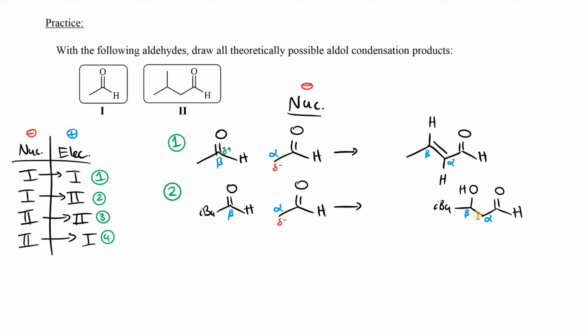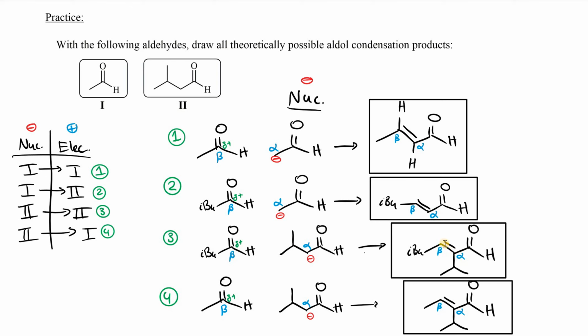So this is our intermediate, the beta hydroxy aldehyde. Now let's do condensation. We deprotonate at the alpha position and we kick off this OH. So let's come in with our eraser, get rid of the OH, and establish the alpha-beta bond. That is the full condensation product. So if you follow the same protocol for 3 and 4, these are the products you get.